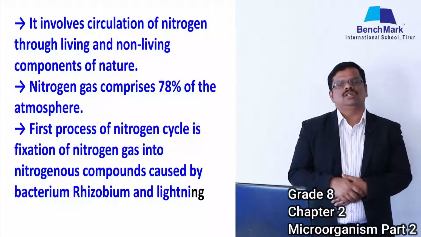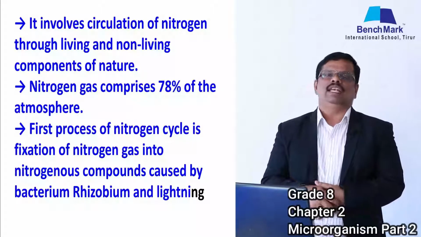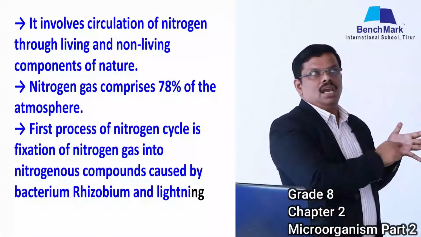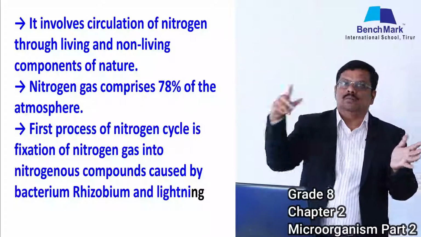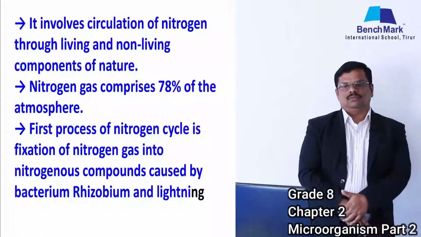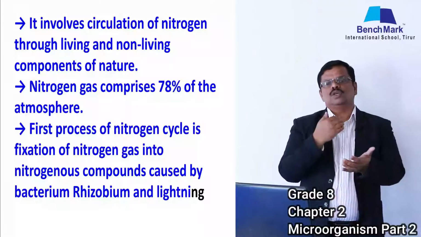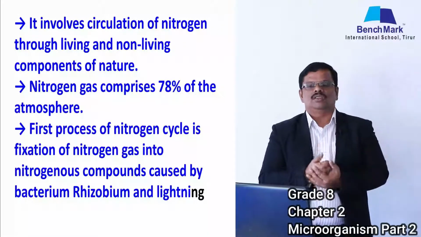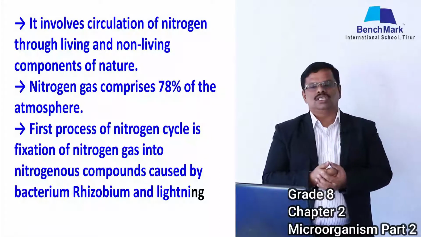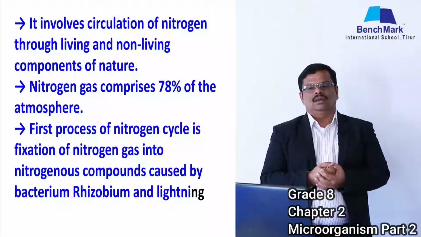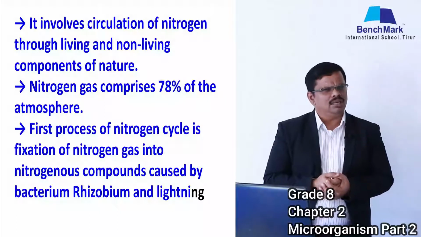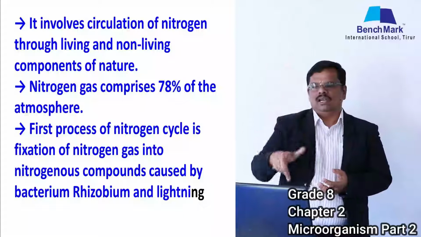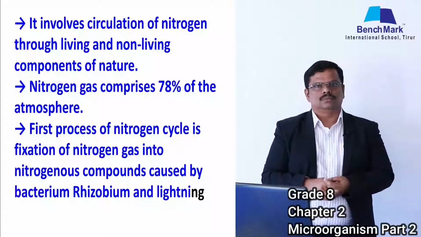Actually, nitrogen gas comprises 78% of the atmosphere. The first process of the nitrogen cycle is fixing of nitrogen gas into nitrogenous compounds caused by bacteria. What was the bacteria I told you before? Rhizobium, and by means of lightning too. Okay.